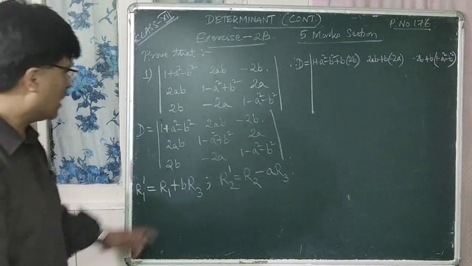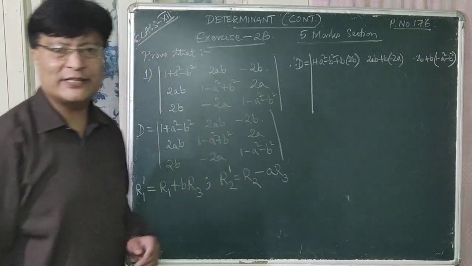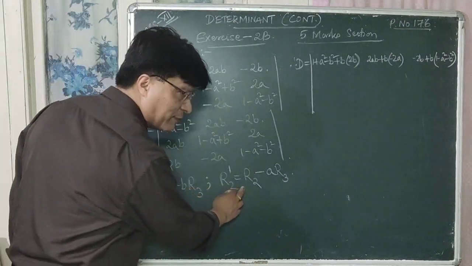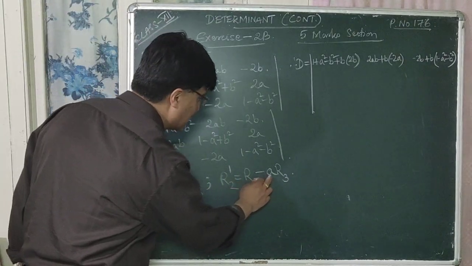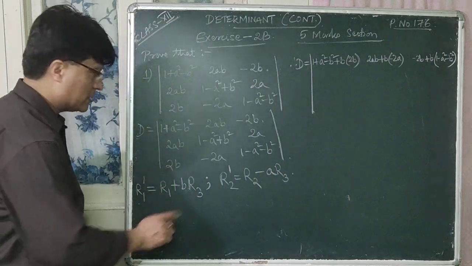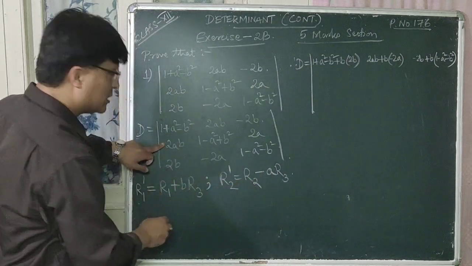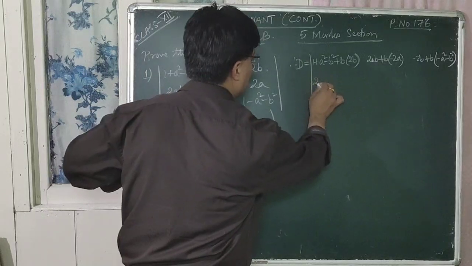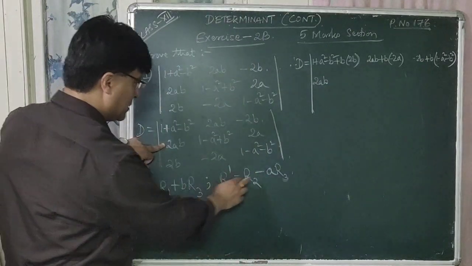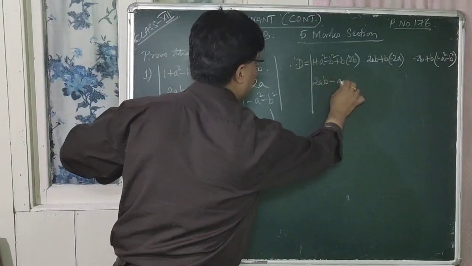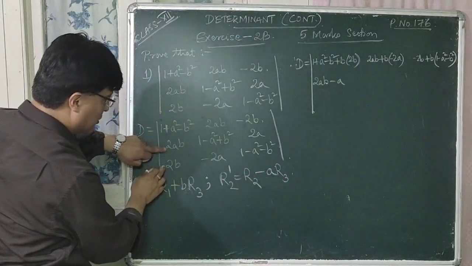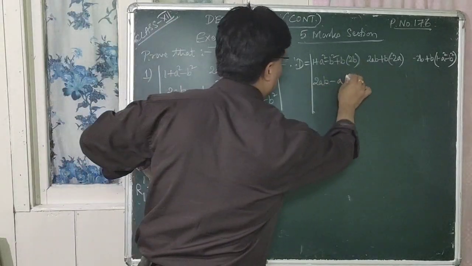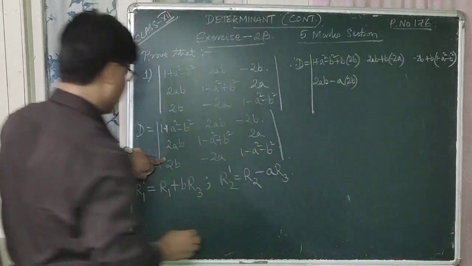Now, how does the second row change? R2 dash we have written here: R2 dash is equal to R2 minus aR3. Right? So what is R2 here now? First of all, it is 2ab. Write down 2ab, right? Then minus a into R3, which means this one, 2b, into 2b, right?